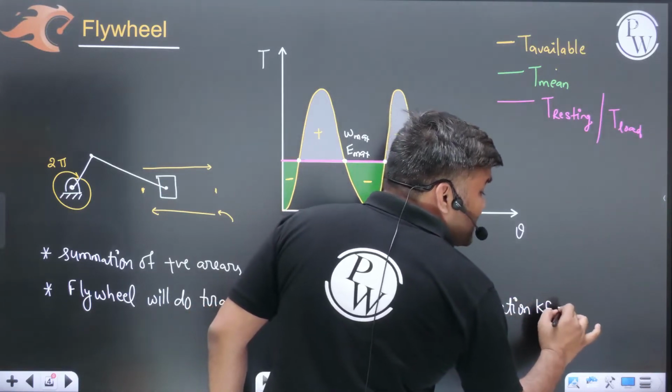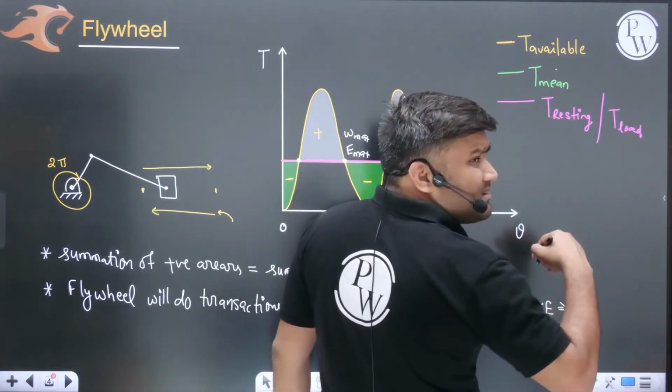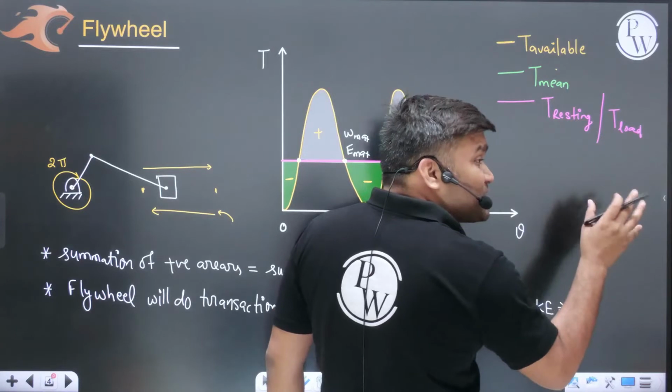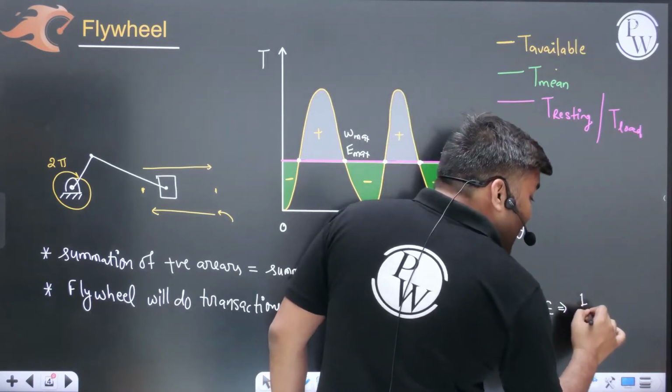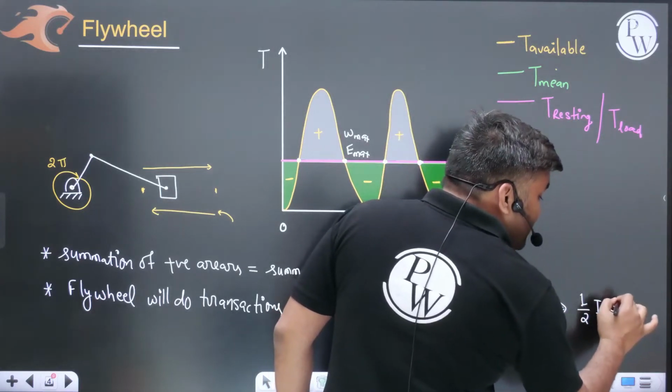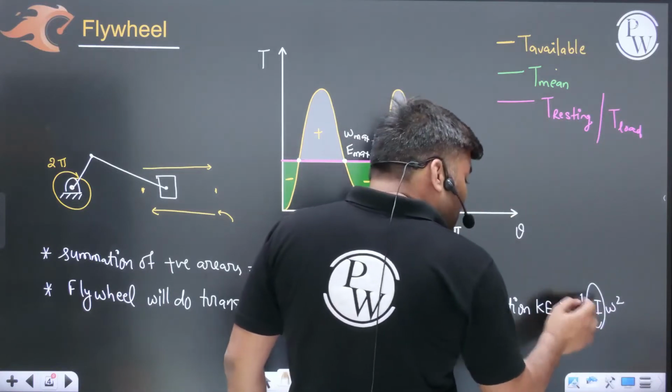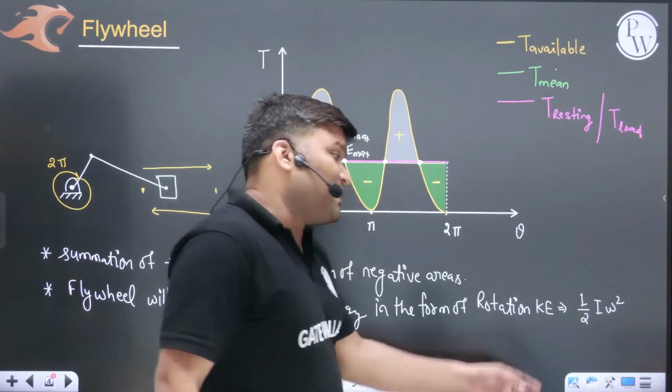And what is that rotational kinetic energy? The flywheel, maybe in the form of a disc or ring, whatever, is going to have some inertia I. So the energy is going to be half I omega square. Omega is the angular velocity of the flywheel, I is the inertia. So half I omega square is the rotational kinetic energy.